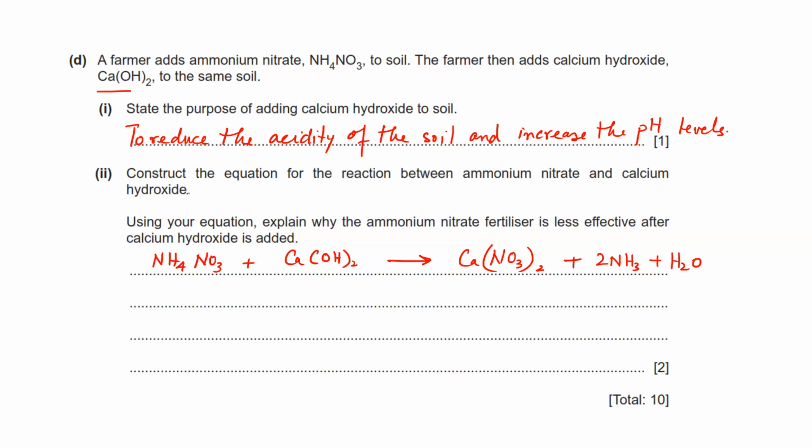And we are balancing it. So it is something like this. Then using your equation, explain why the ammonium nitrate fertilizer is less effective. So remember, this is gas, this is liquid, and this is a soluble solid, calcium nitrate.